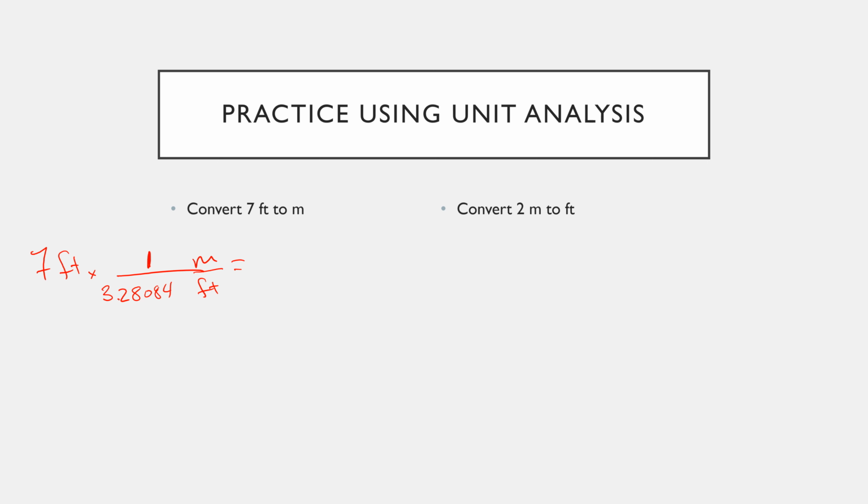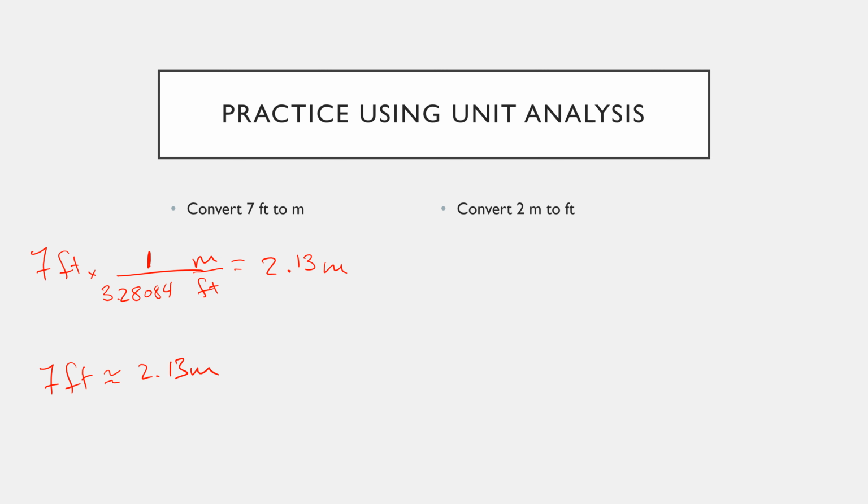So this is a division. So 7 divided by 3.28084 is going to give us about 2.13 meters. So we would say that 7 feet is approximately equal to 2.13 meters.